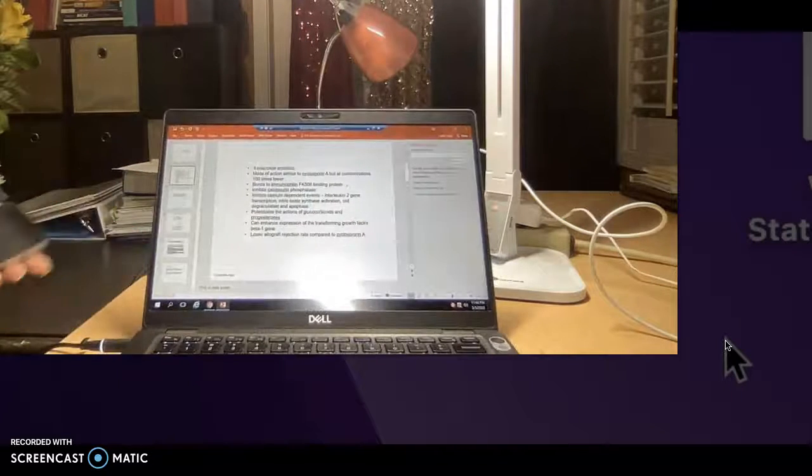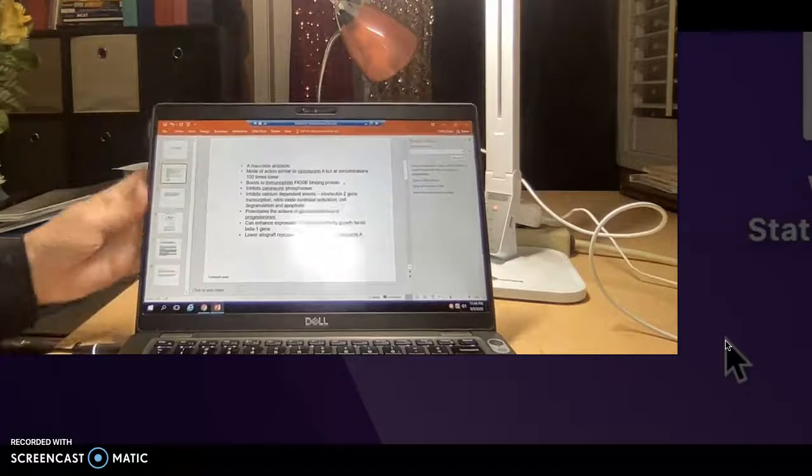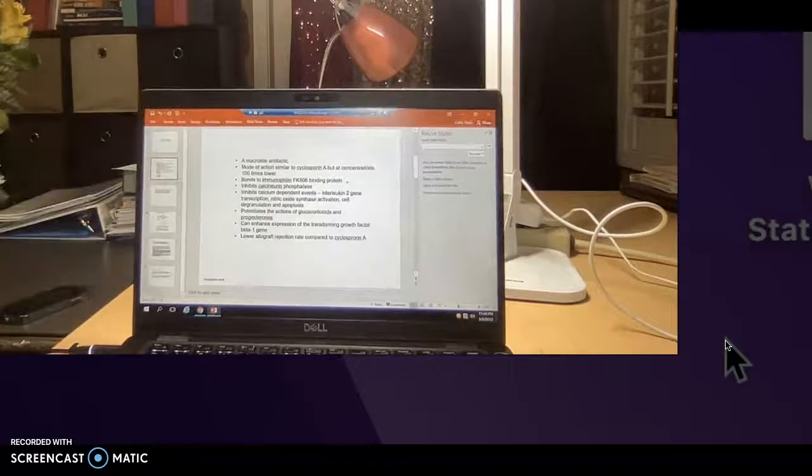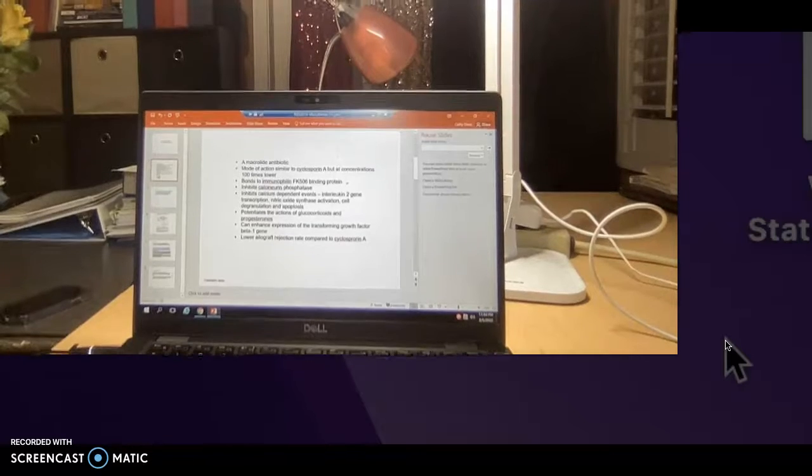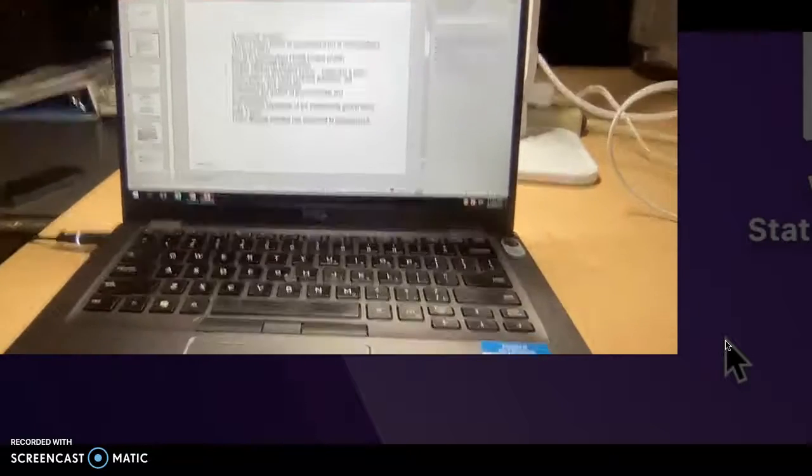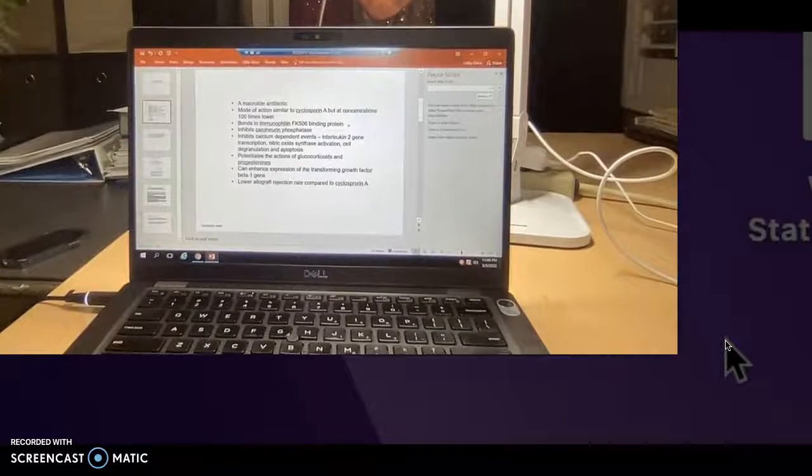So Prograf is a macrolide antibiotic. Its mode of action is similar to the cyclosporine immunosuppressant that is often used, but interestingly, the concentrations are 100 times lower for this drug. It binds to the immunophilin FK506 binding protein.